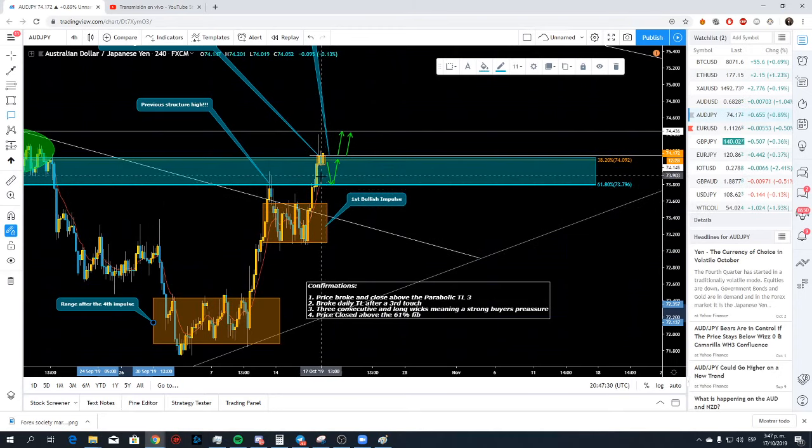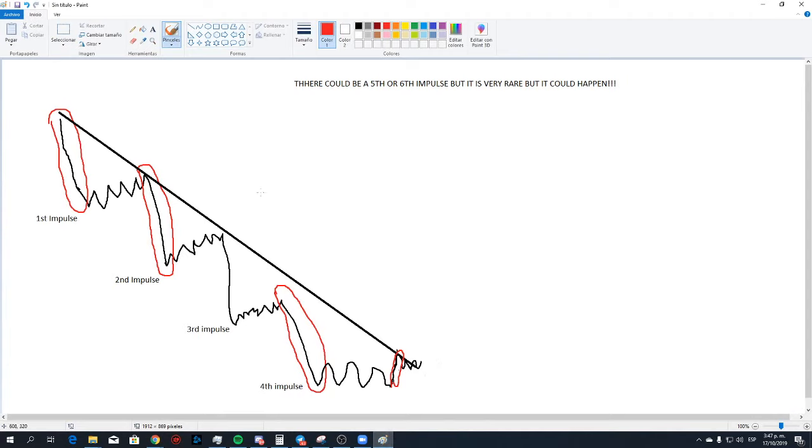It went even higher, confirming that new trend, right? It broke the trend line, created a new impulse, closed above this range after the fourth impulse, created a new higher point, and it's gonna do this.